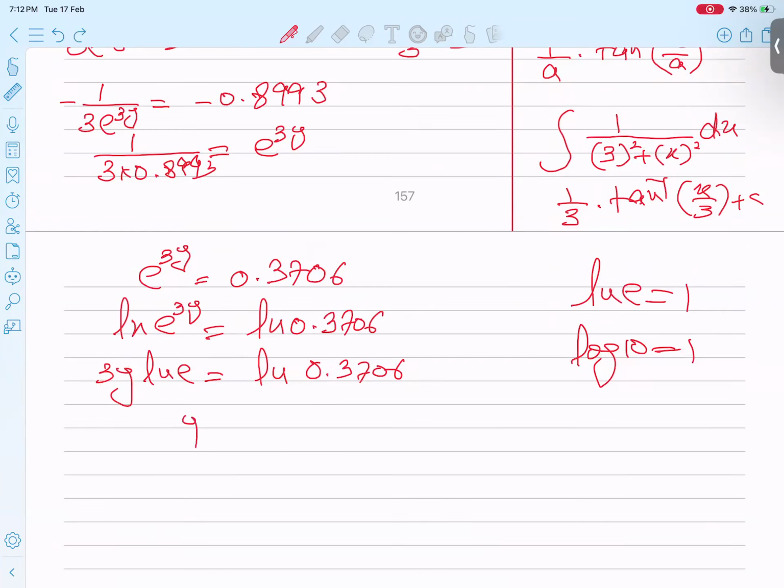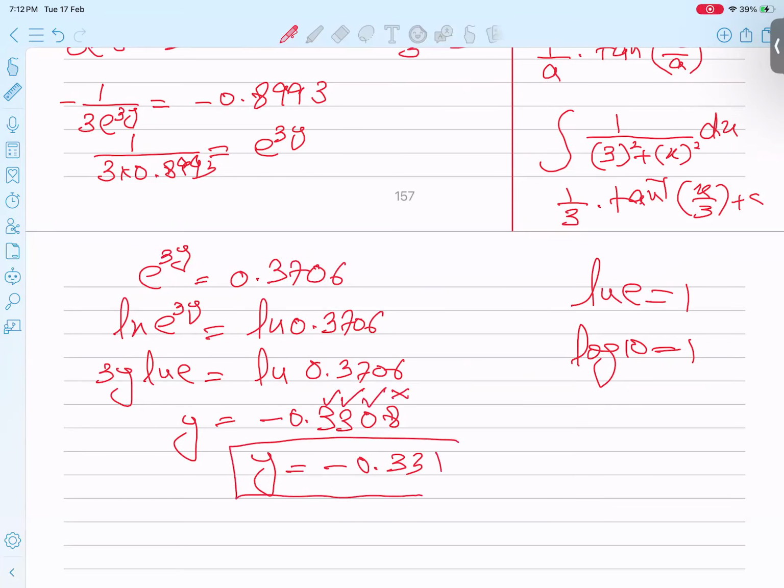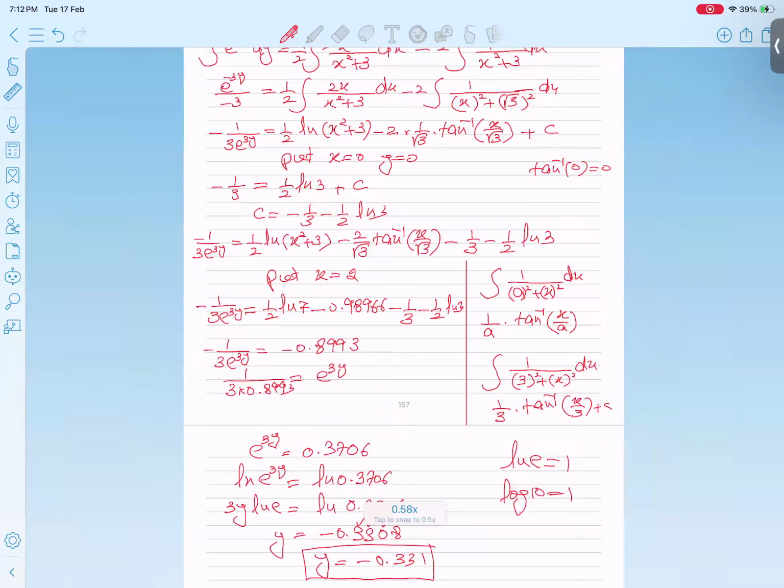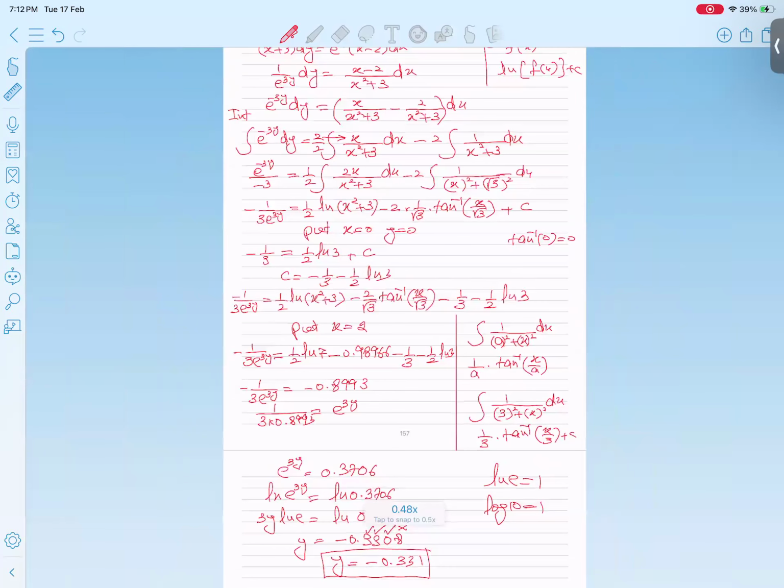I'm typing in the calculator: log of the answer divided by 3, and my answer turns out to be negative 0.3308. After rounding, I'm getting negative 0.33. So this is my final answer, and I believe you got the concept clear, inshallah, and the question is completely over.